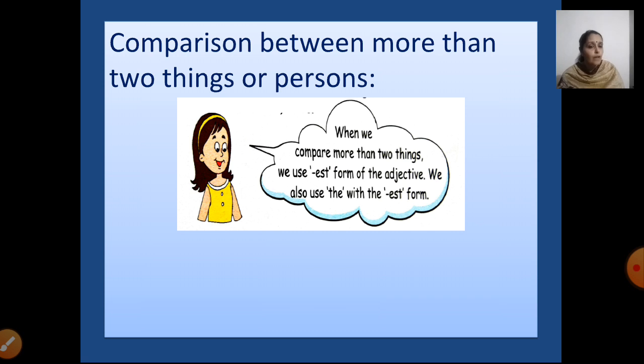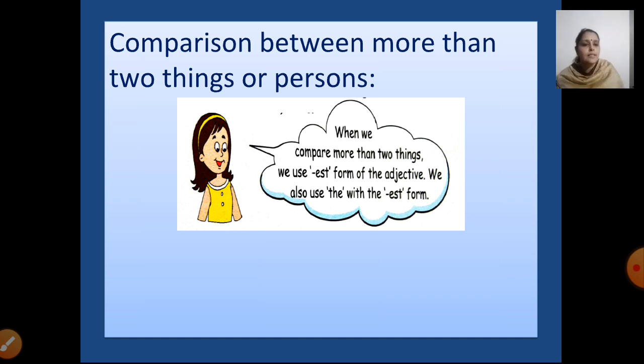Yes, we have positive, comparative, superlative. You have learned this. So, in superlative, when we have to compare more than two things or more than two persons, we will add est to the adjective and we will also use the along with it.